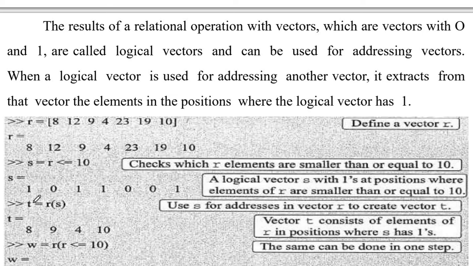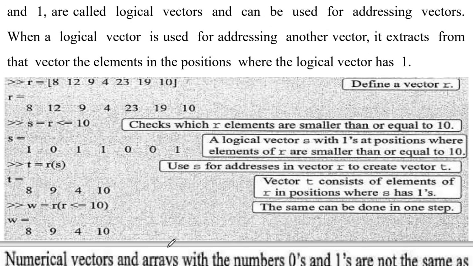Now we check another one, T equal to R of S. The elements whose positions are less than or equal to 10 will be displayed: 8, 9, 4 and 10. These are the elements. The vector T consists of the elements of R in the positions where S is ones.